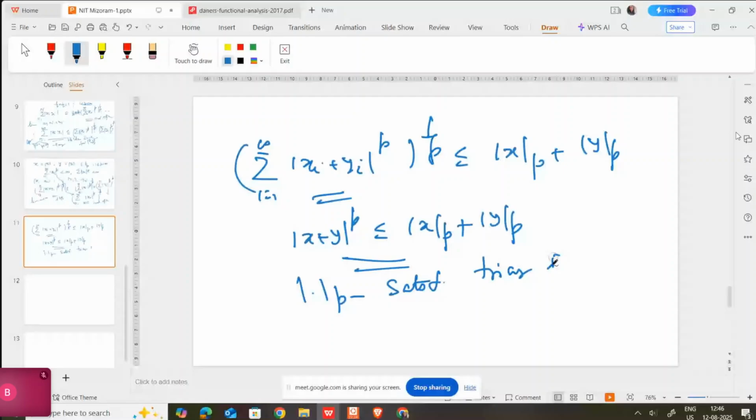Sir, is the power p on the norm of x plus y, or is p below?